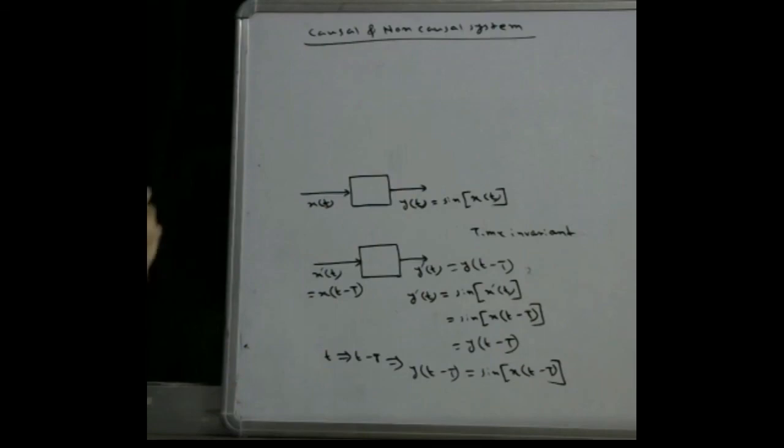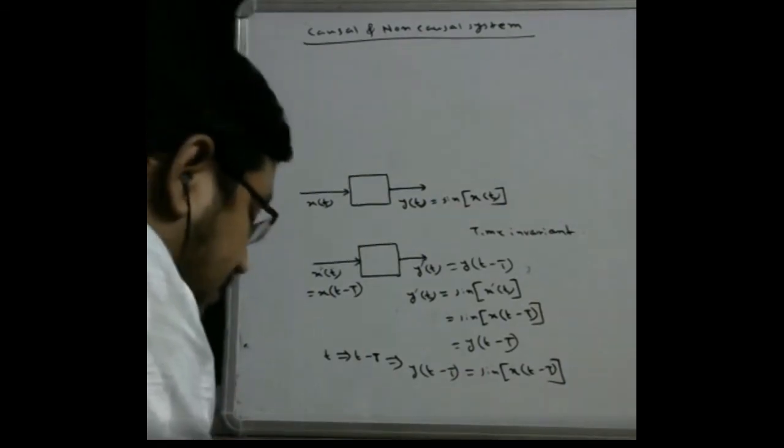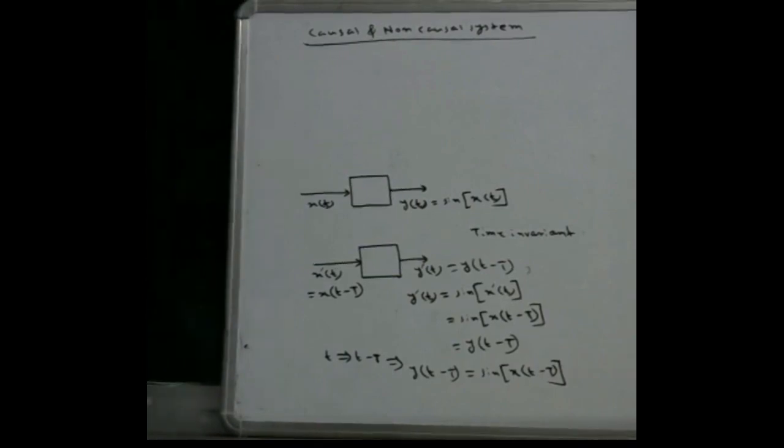It can depend only on the present value of the input, or only on the past value, or on both present and past values. This type of system is called a causal system.